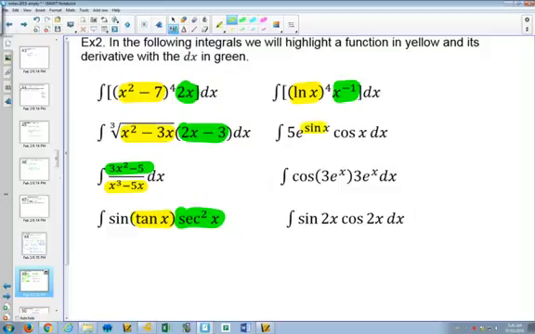Here we have sine of x inside the function e to the x, and its derivative, cos of x. Here we have 3 e to the x inside of cos of x, and its derivative, 3 e to the x.